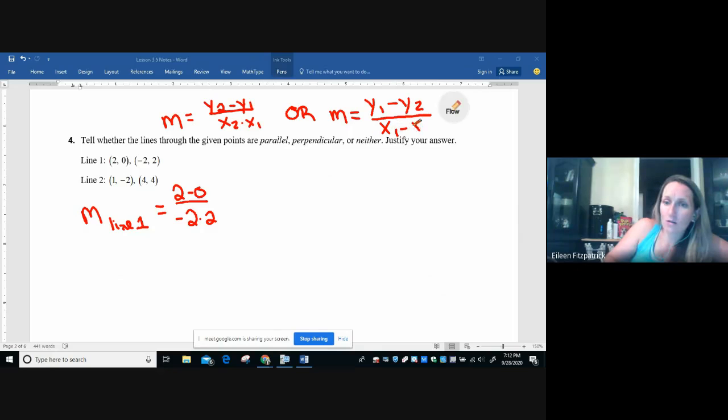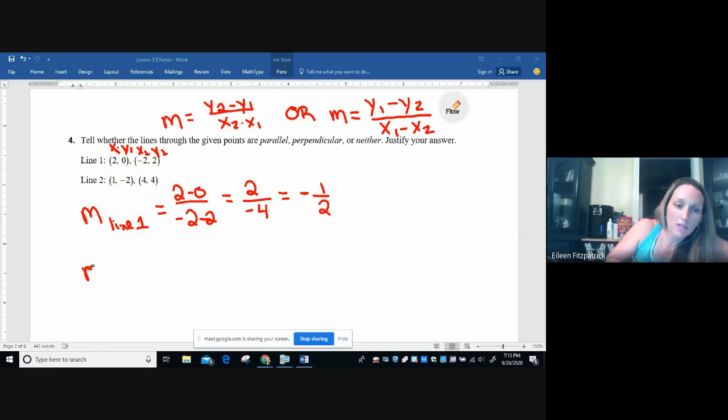So both of these will work, okay? And then you can label your points x1, y1, and x2, y2, and then you're just plugging in. All right, so the numerator is a positive 2, and the denominator should be negative 4, which is going to be negative 1/2, okay?